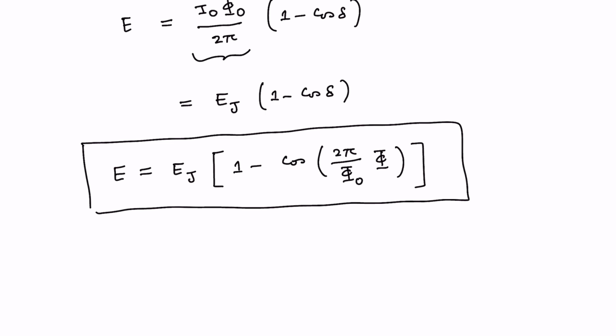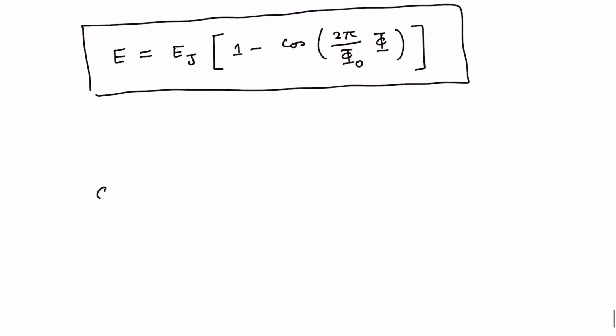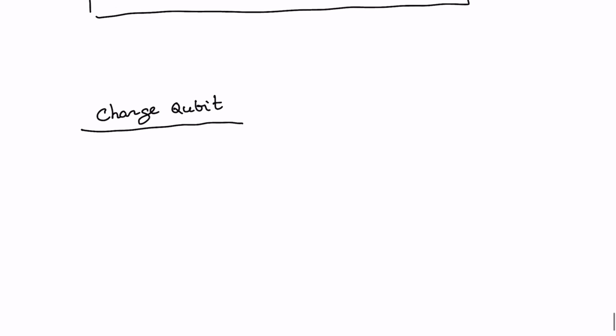Let us now discuss the so-called charge qubit. Okay, the charge qubit we are now going to discuss. These charge qubits are a family of superconducting qubits which have a similar circuit design, and this circuit consists of a gate capacitor Cj connected in series with the Josephson junction.